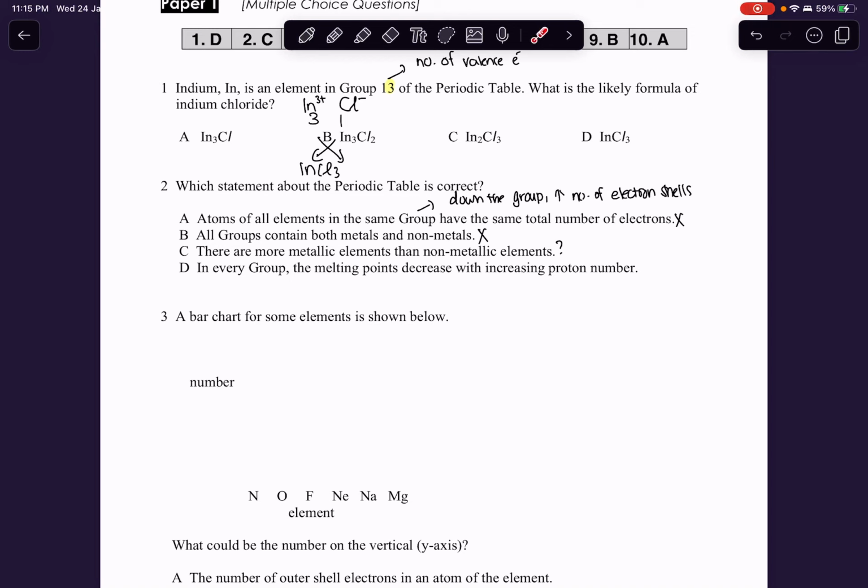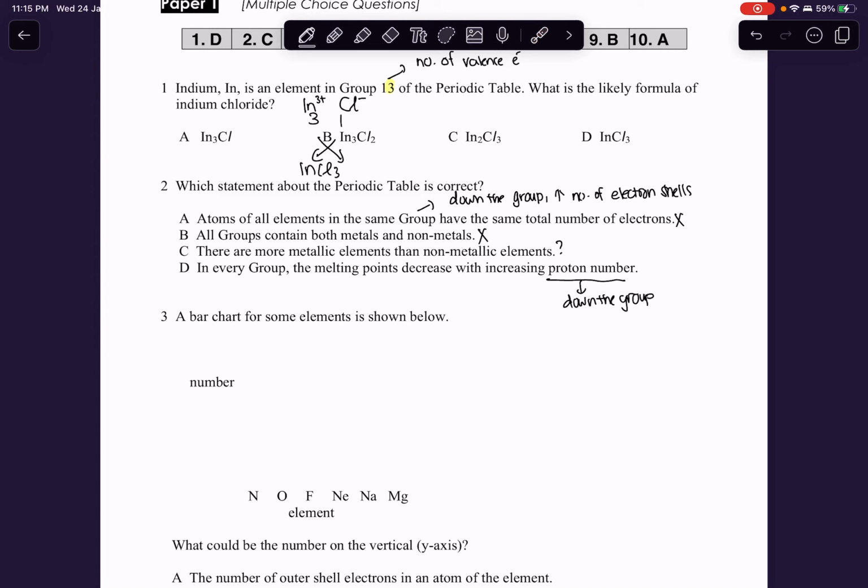D, in every group, melting point decreases with increasing proton number. What do they mean by increasing proton number? They just mean down the group, because as you go down the group, proton numbers increase. You just have to think of one group that doesn't obey this rule, and that is group 17.